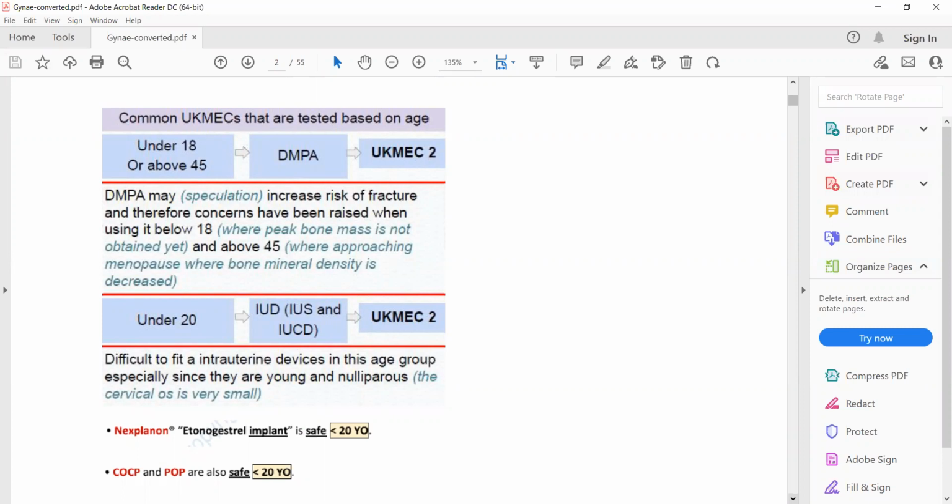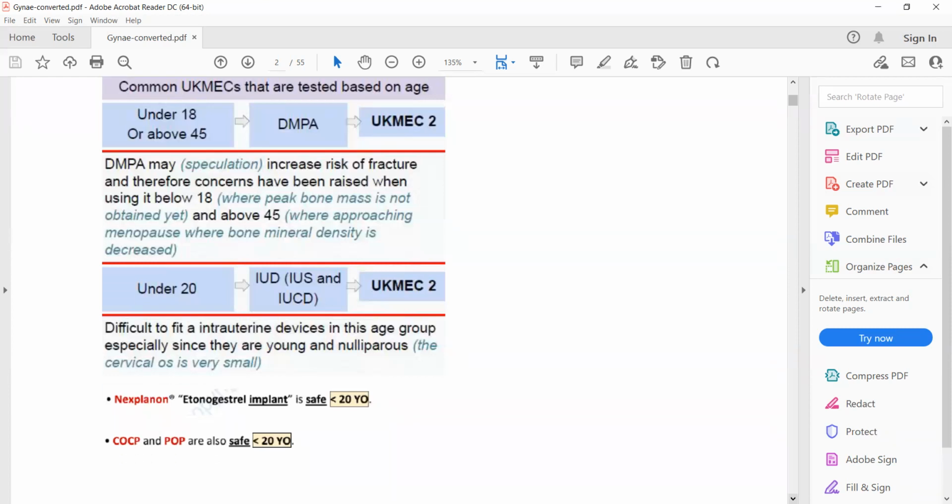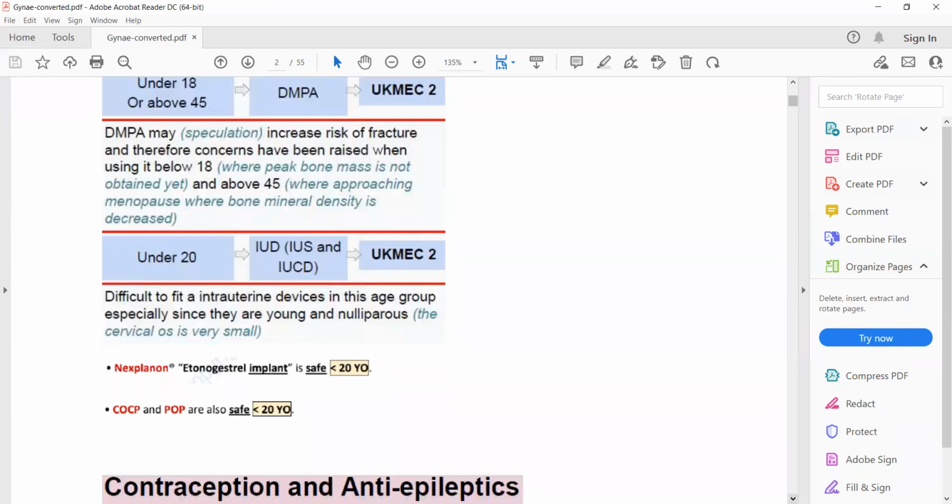And the second device that can be used for long-term contraception is the intrauterine copper device. So IUD can be of 2 types. One is IUS and one is IUCD. Both of them are for long-term contraception. And then there is another drug that is known as Nexplanon.